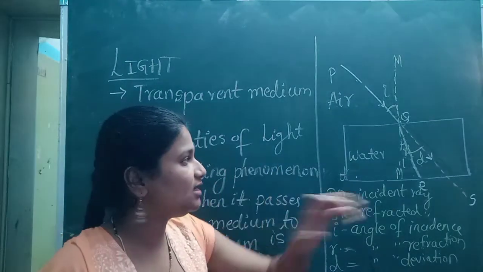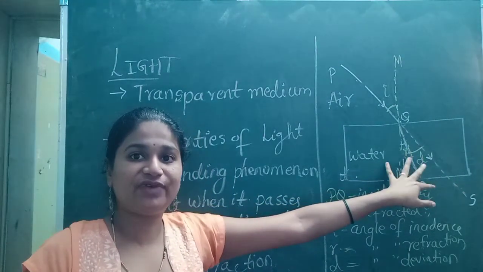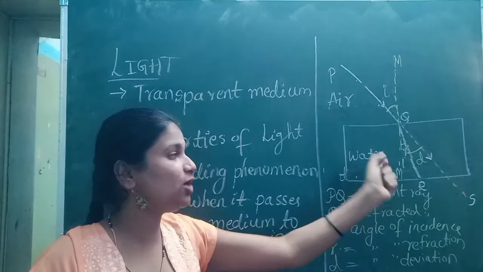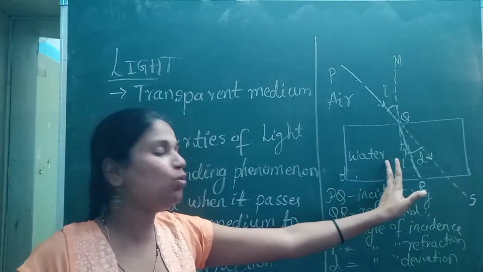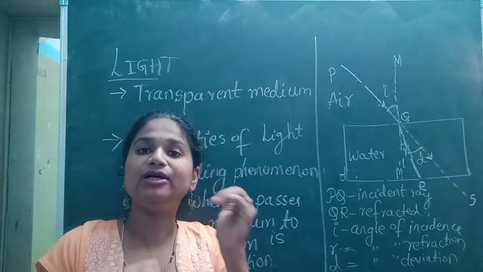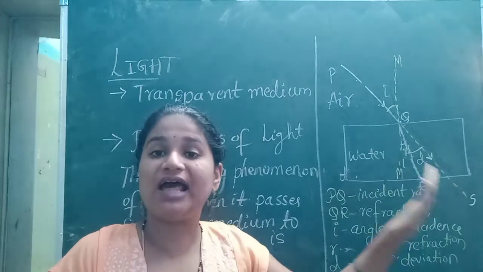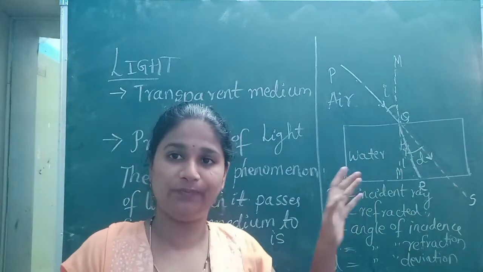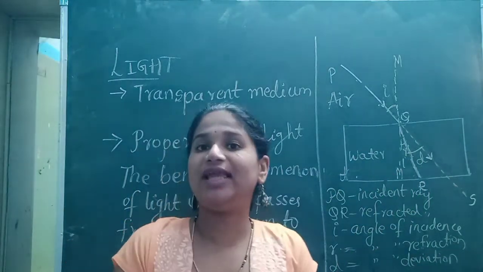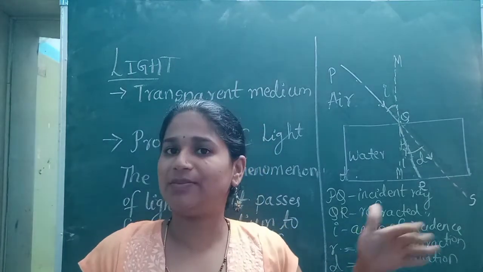So when I take glass, the angle of refraction we get will be quite smaller than with water. So we can say the angle of refraction depends on the state of the transparent medium also. How it will affect, we will learn in the upcoming sessions.